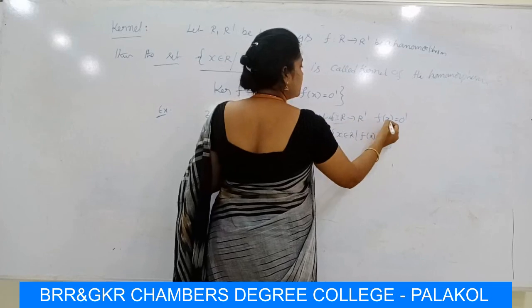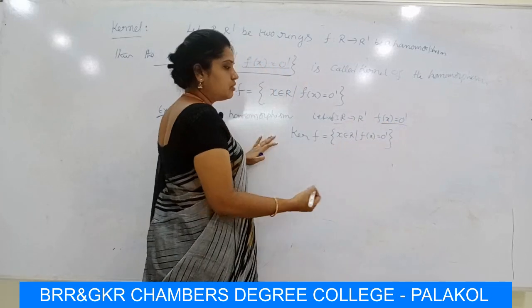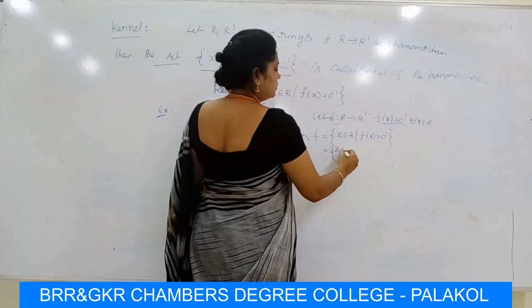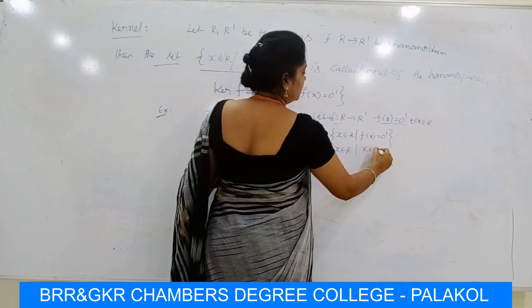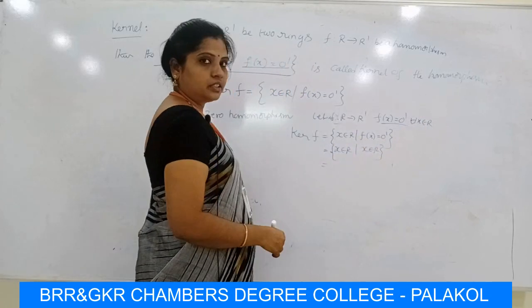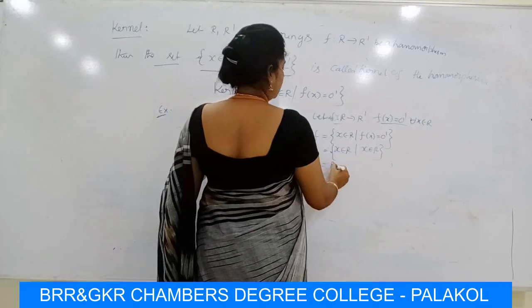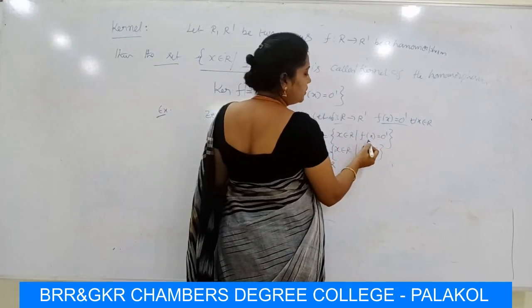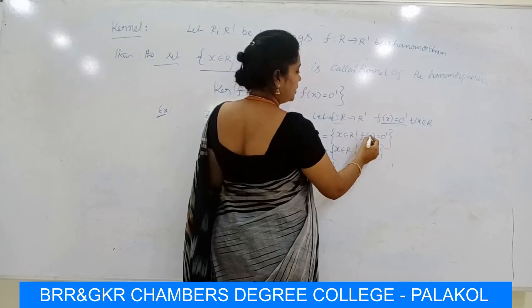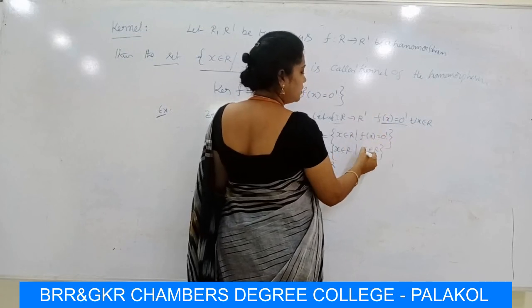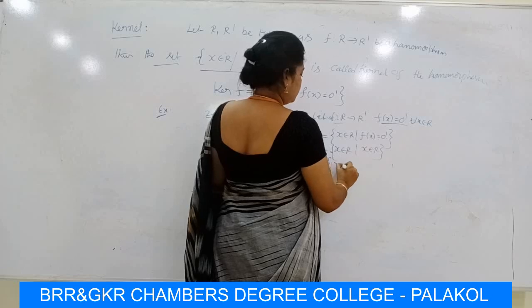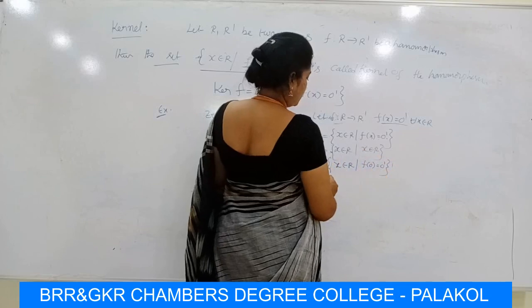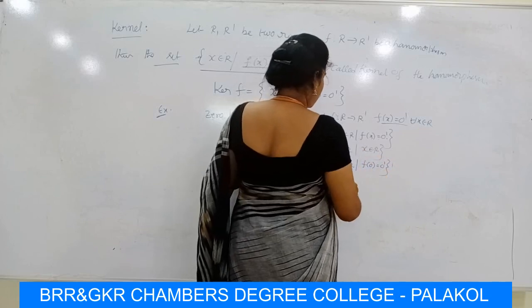Here all the elements of R satisfy the condition f of x equal to 0 dash. So here all the elements of R form the kernel.